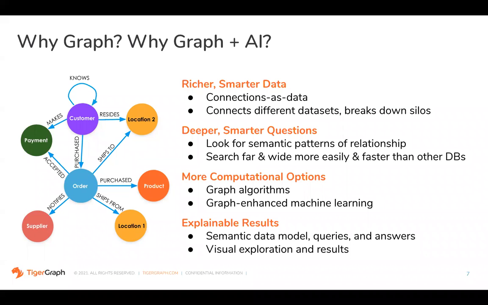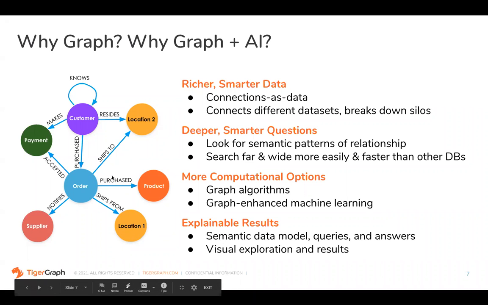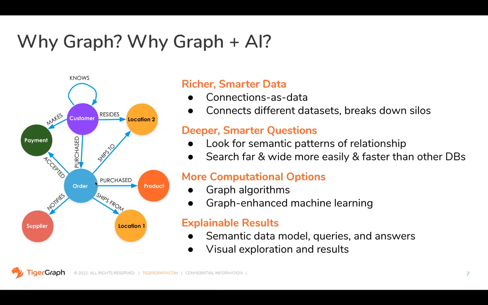And lastly, because you're able to represent your data in a directly meaningful semantic way, when you get a computational result or a machine learning result, the result will be explainable. You will see very clearly, oh, it's making this prediction because of this pattern of orders being purchased, etc.